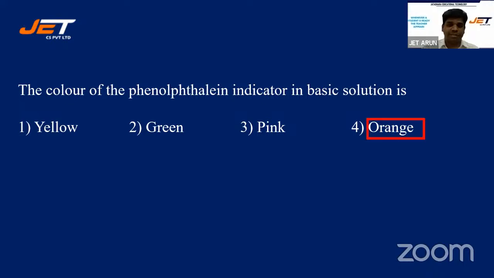Let's look at the key. Yes, Gayatri is right. Many are right. Good. But it's not pink, students. In basic solution, it's orange. If you do this experiment once, or if someone does it and you see it, you will remember. That's okay, but try to remember this fact. Phenolphthalein indicator in basic solution is orange.